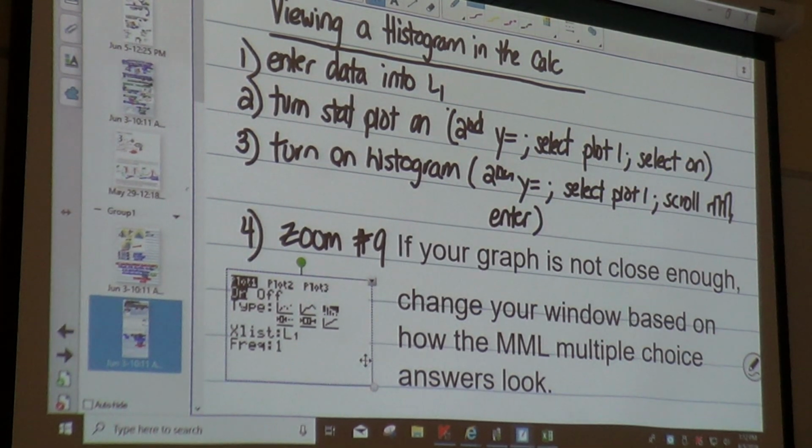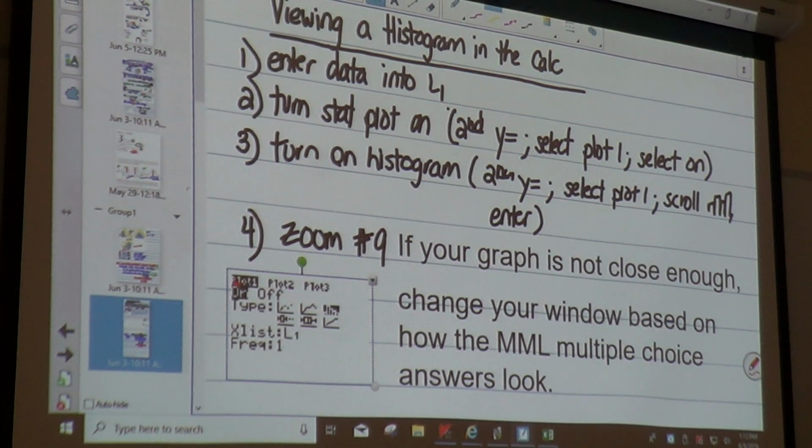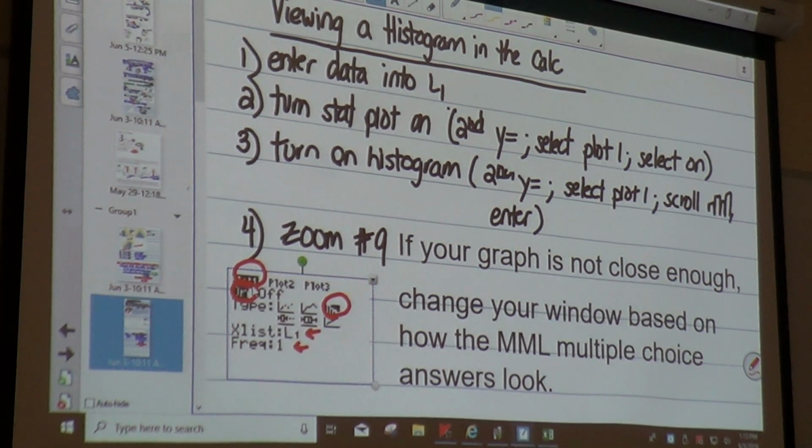So the main things that you want: you want plot 1 to be black, you want on to be black, you want the histogram, and you want this to say L1 and frequency to say 1. Cool? And if yours doesn't look like that, then call me over and we can fix it.